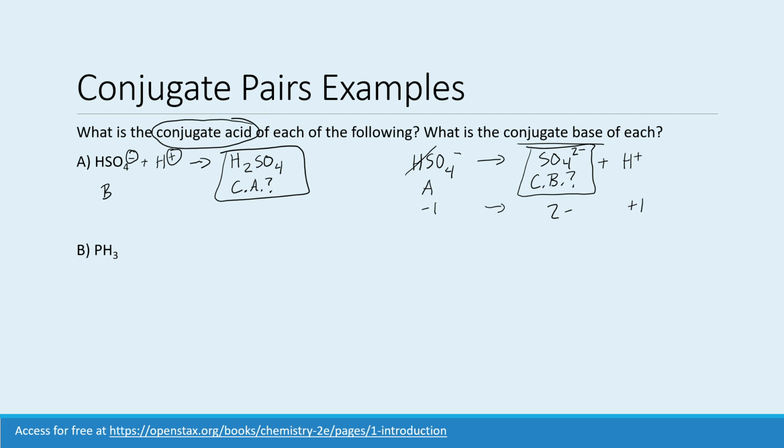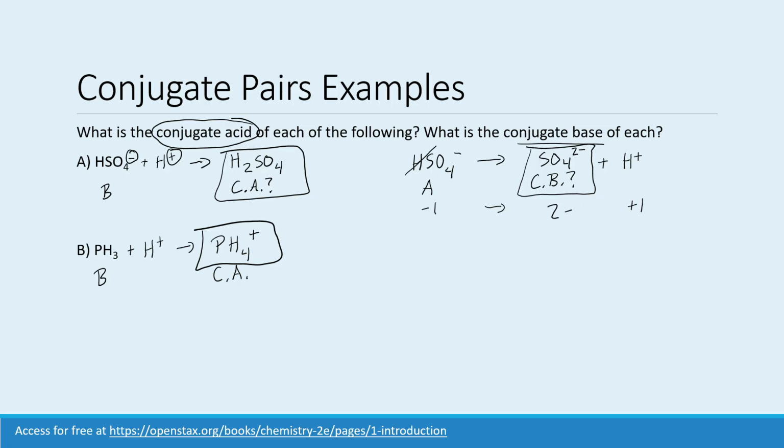So in the second example, it's going to act as a base because the first thing they want us to find is the conjugate acid. That base is going to accept a hydrogen ion, so we add an H+, and the conjugate acid becomes PH4 with a positive charge. Again, we add a hydrogen and increase the charge by 1.